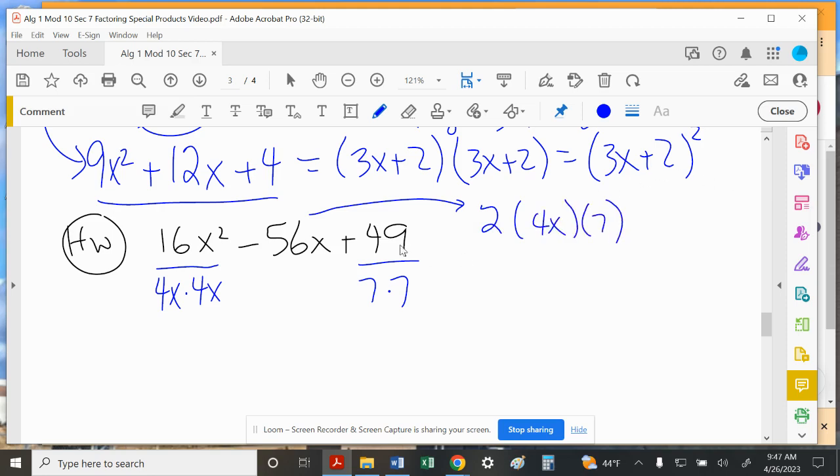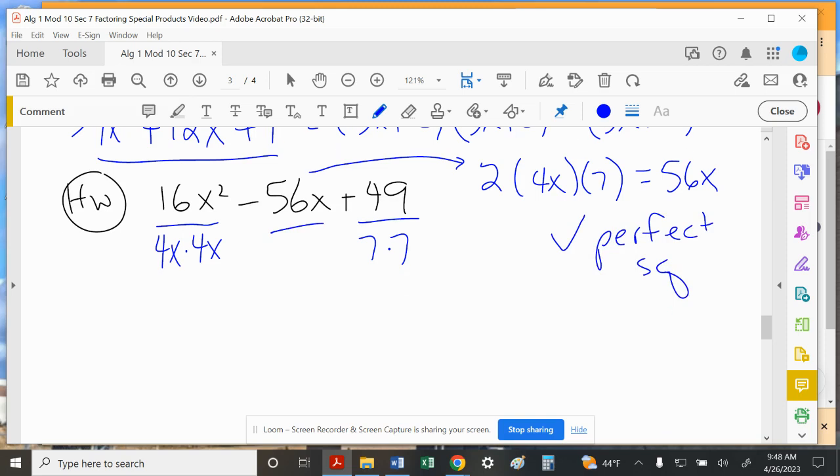So we multiply the 4x times the 7, and then multiply everything by 2. 2 times 4 is 8, and 8 times 7 is 56. So we have 56x, which is correct. Therefore, it is a perfect square.